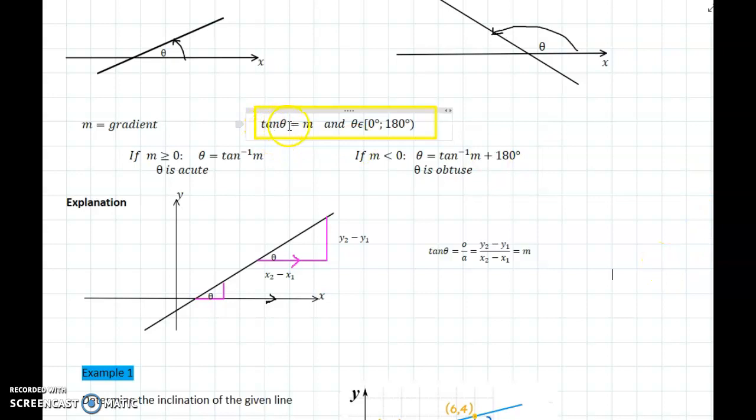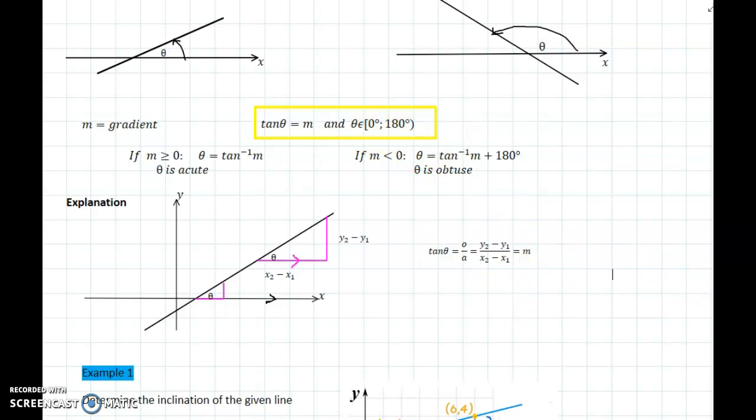So this formula can be used both ways. To find the angle, I will use second function and the value of the gradient. And if the gradient is negative, then I'm going to add 180 to get the value of my angle. Or it can be used to find the gradient if I have the angle.